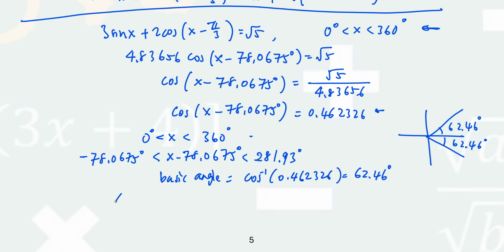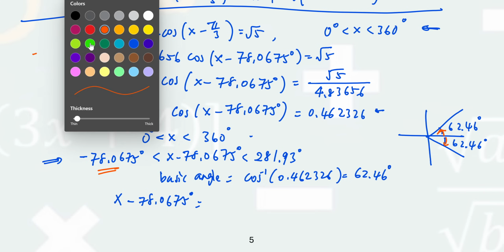Then I will write my x minus 78.0675 degrees. By looking at this interval, I can accept this value as positive, and then negative 78.0675, that means I can accept this as well, one positive, one negative.